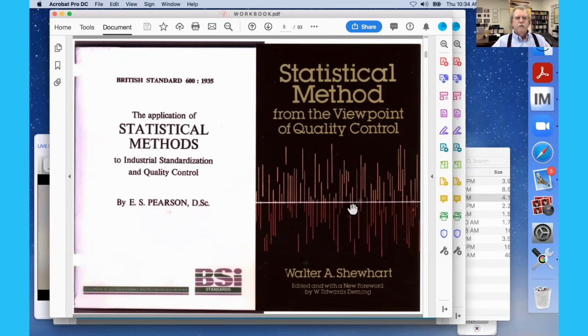And Shewhart wrote a rebuttal, came out in 39, edited by Deming. And he tweaked Pearson by just tweaking his title. It's not statistical methods in search of an application. It's statistical method from the viewpoint of quality control. How to use statistics to take action. So this tension has been around.